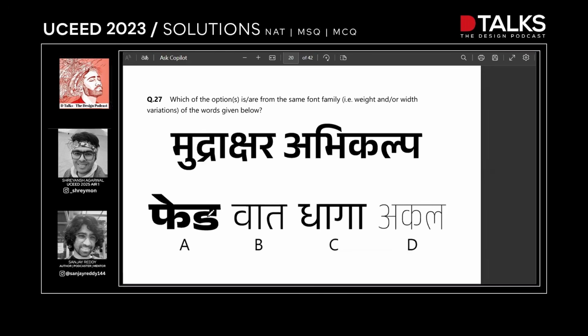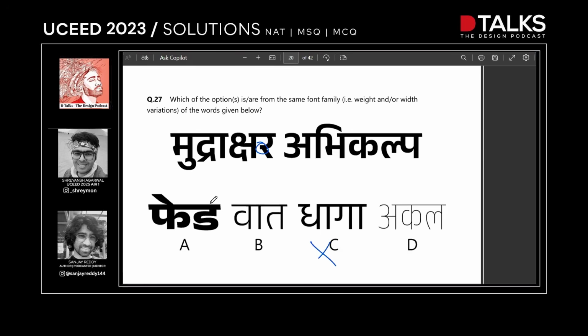The first thing I see is this G. The letters do not have such an ending anywhere, like this is curving upwards. All of these letters are going straight. So C is definitely wrong. So we don't have C.